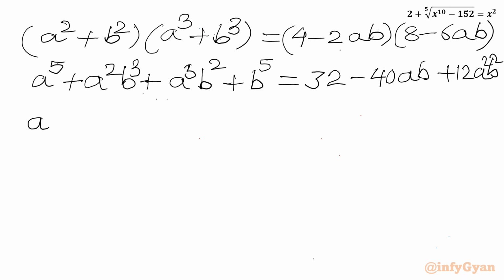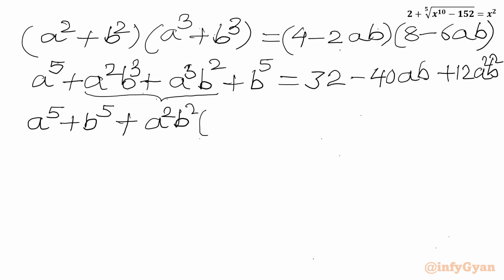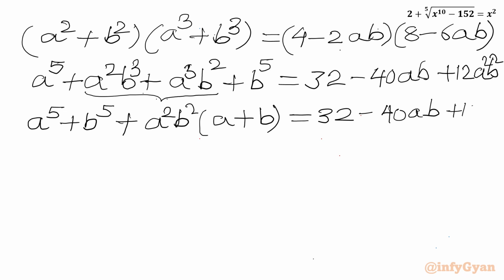Now we can rewrite our LHS: a power 5 plus b power 5 altogether, first and last term. Then here I will take a square b square common out. So in the bracket we can write b plus a or a plus b. RHS will write 32 minus 40ab plus 12a square b square.